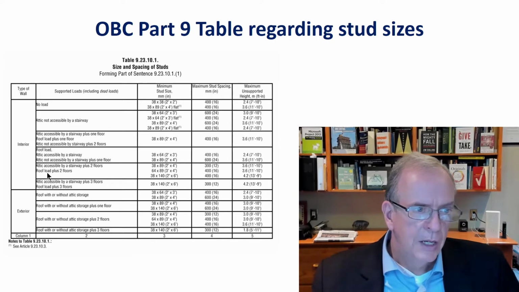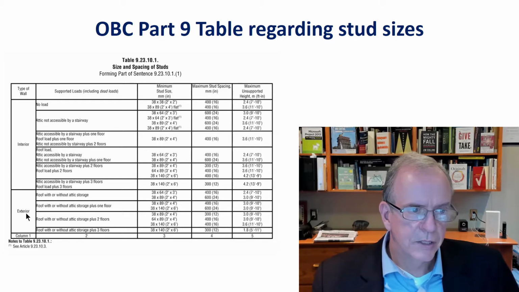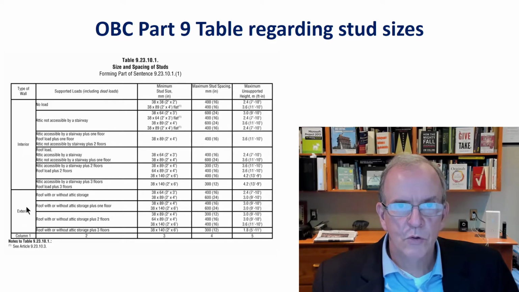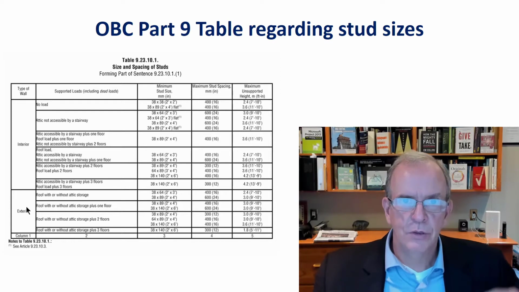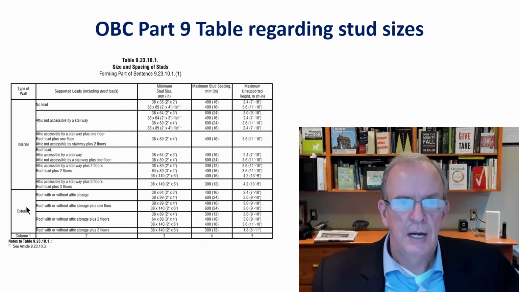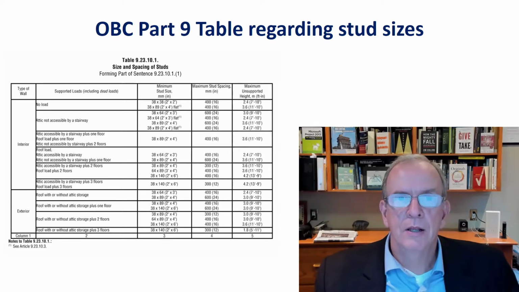And so this is for the type of wall. Is it an interior wall or is it an exterior wall? You've got to remember, an exterior wall is going to be carrying some pretty heavy loads, with the snow loads transferring directly through it from up above. So you could have a load-bearing wall that's an interior wall and a load-bearing wall that's an exterior wall.